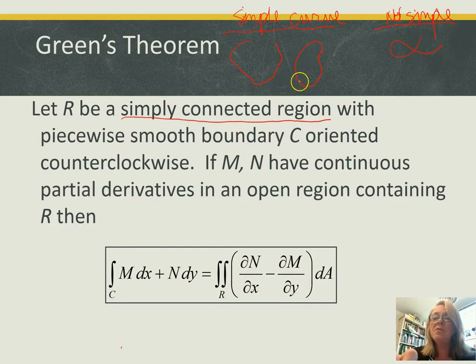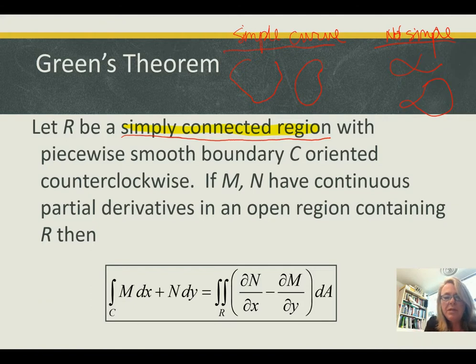This simple curve starts and closes at essentially the same point. A not simple curve could also look like this. That's not simple because it loops over on itself. It is closed, however, because it does start and stop at a single point.